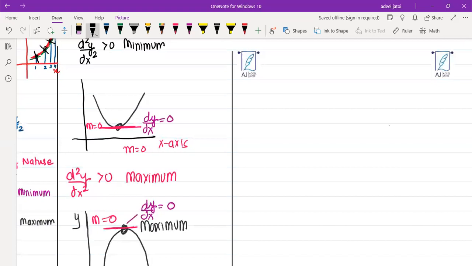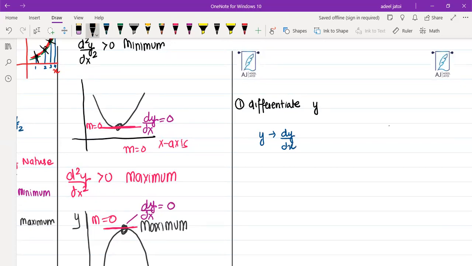The examiner can tell you to differentiate y. So to differentiate y, this will be dy upon dx.